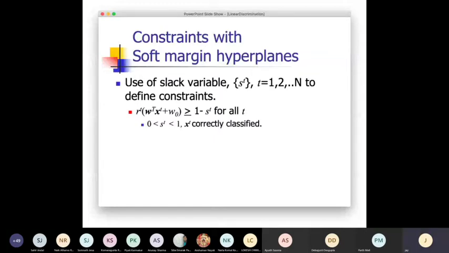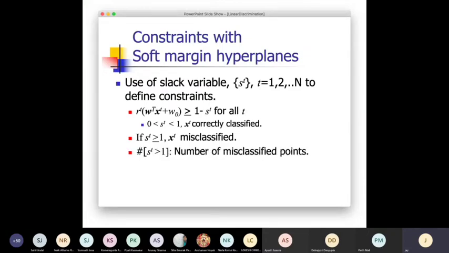The slack variable should be greater than 0, but if it lies within 0 to 1, then though it is not satisfying the exact conditions of SVM as we defined the hard conditions, from the testing point of view the sample is still getting classified properly. But when the slack variable is greater than or equal to 1, then the sample will get misclassified.